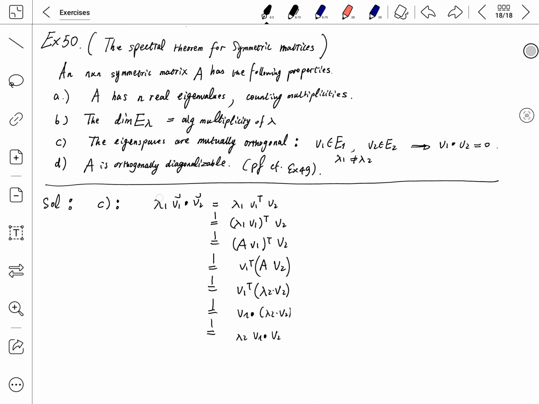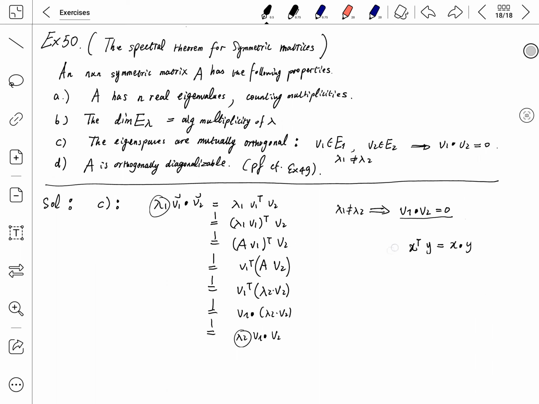And so lambda 1 doesn't equal lambda 2 implies they are orthogonal. Here obviously we're using the dot product. That's why for the dot product we have this general x transpose y corresponding to x dot product with y, right?